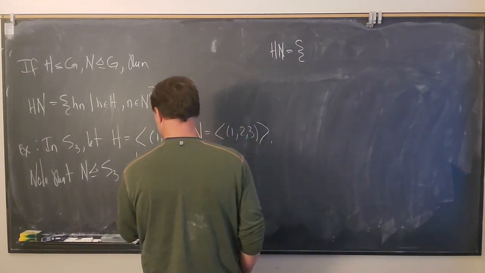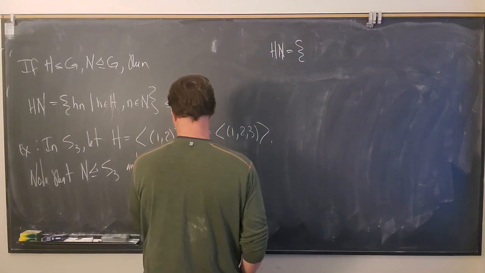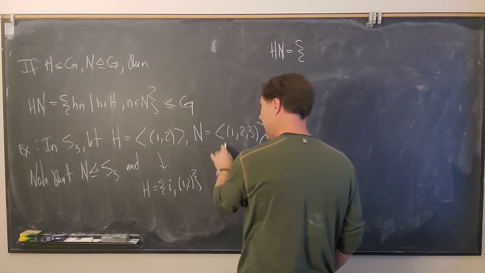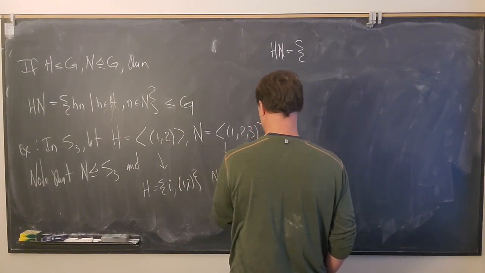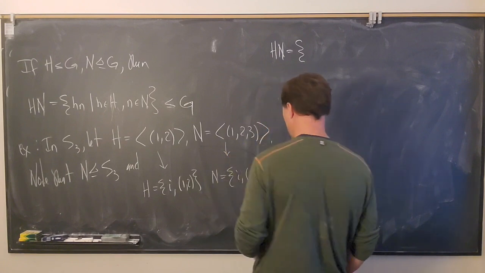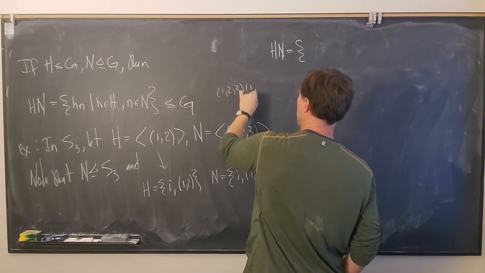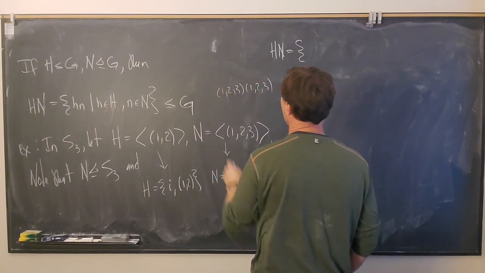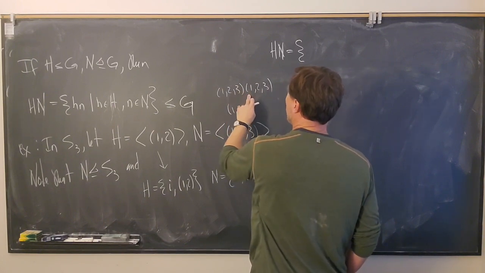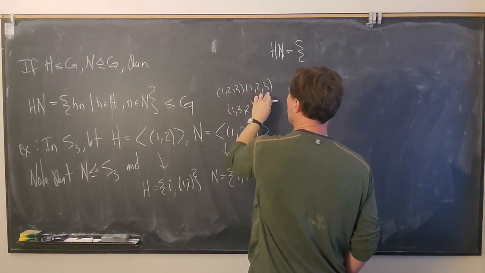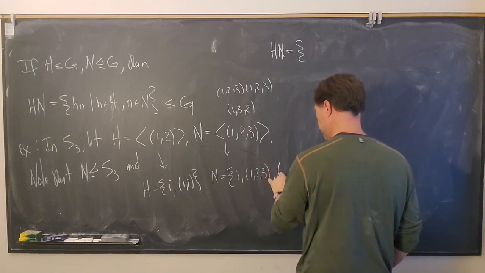So H consists of the identity and the transposition (1 2), and N consists of the identity and (1 2 3), and then (1 2 3) squared, which let me just make sure, (1 2 3) times (1 2 3). 1 goes to 2, which goes to 3. 3 goes to 1, which goes to 2. 2 goes to 3, which goes to 1. Yeah, so it's (1 3 2).